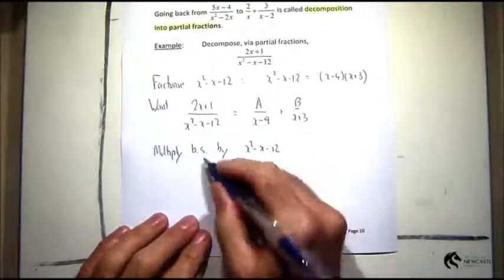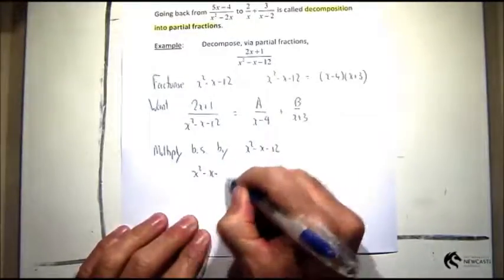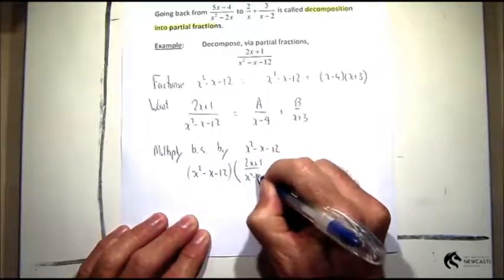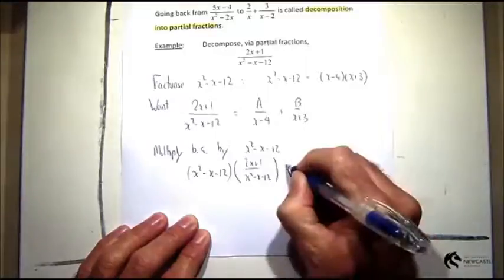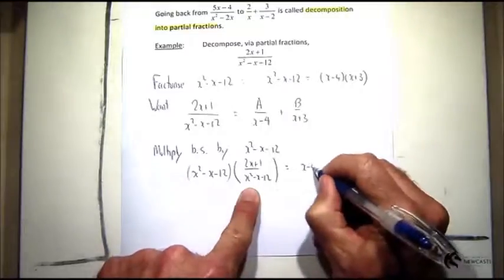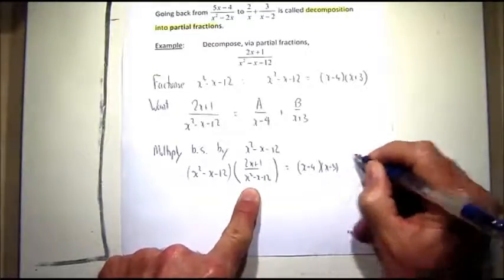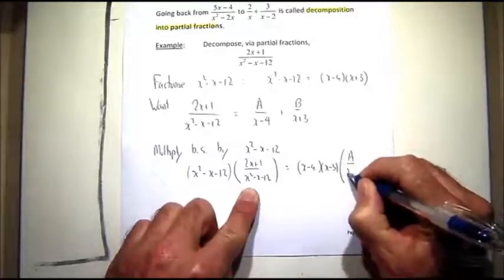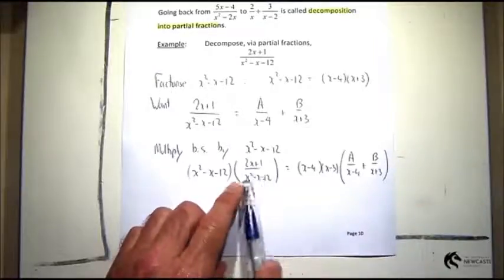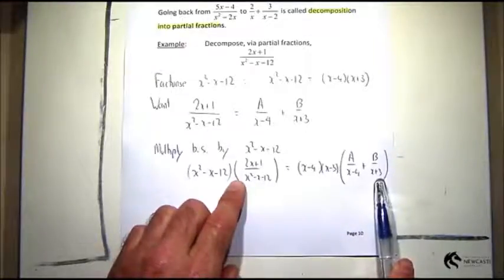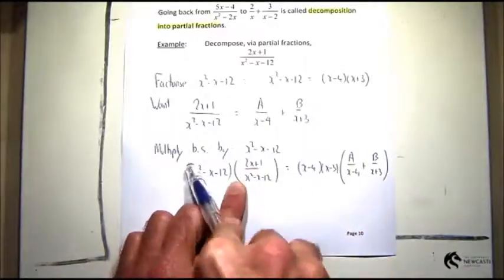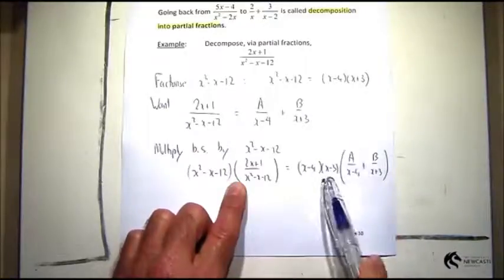If I'm multiplying both sides by x squared minus x minus 12, then I have x squared minus x minus 12 on the left-hand side. On the right-hand side, I'm going to write it as x minus 4 times x plus 3, times a over x minus 4 plus b over x plus 3. What I do to the left-hand side, I have to do to the entire right-hand side. That number is equal to that number, so if I multiply by x squared minus x minus 12 there, I've got to multiply by it there.